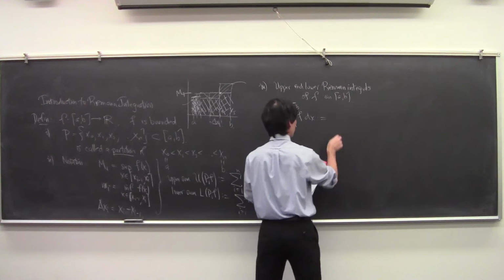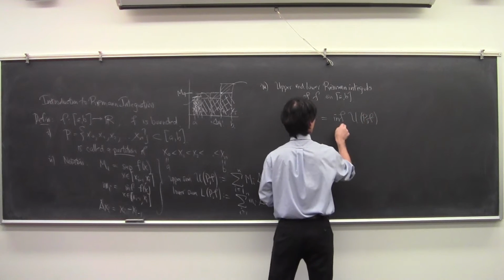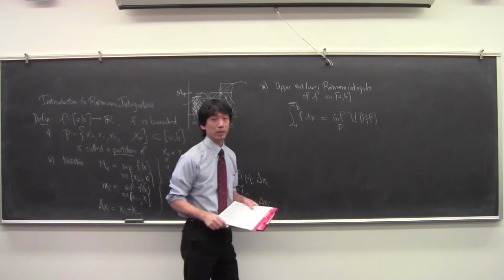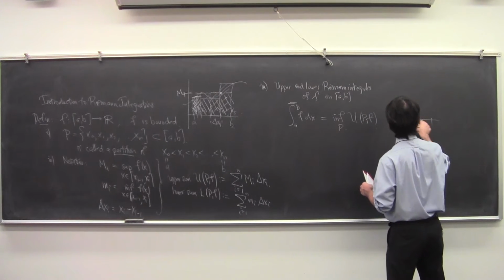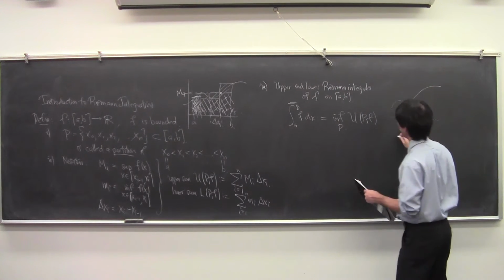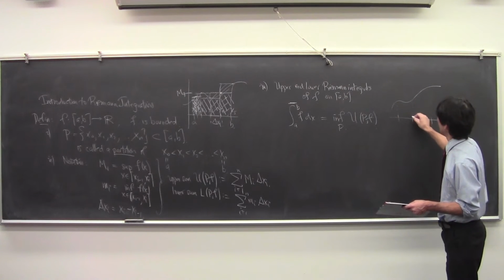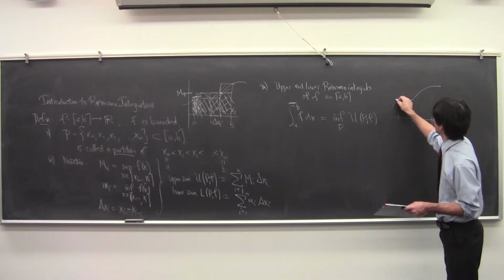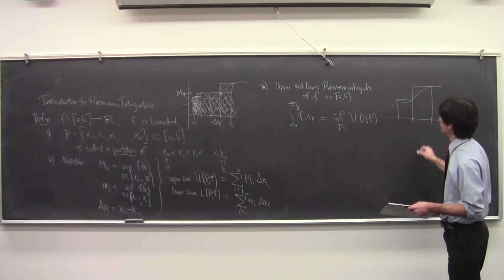That's defined as the infimum of the upper sums over all partitions. Okay. So the way you want to think about this is, you have some partition, and you're taking the upper sum over that partition.